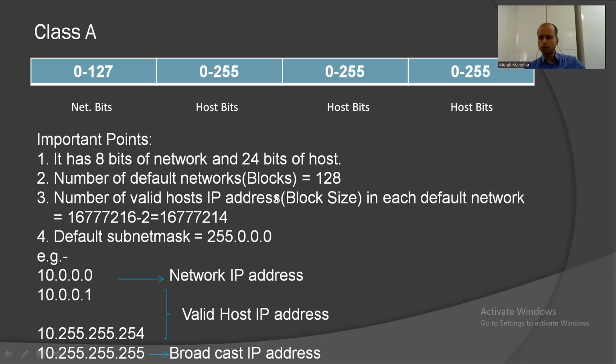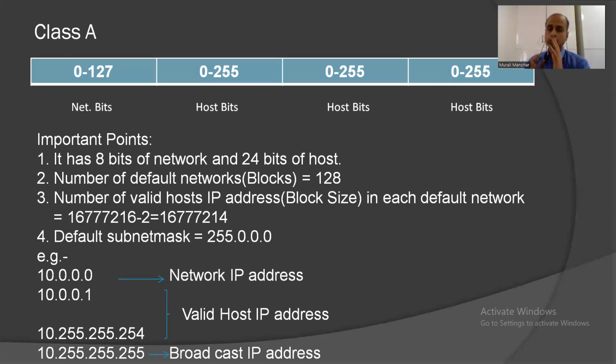In a few books or on the internet, you can see that writers write the range of class A as 1 to 126, but the actual range is 0 to 127. There is a logic behind why some writers write 1 to 126, because 0 is reserved and 127 is reserved.